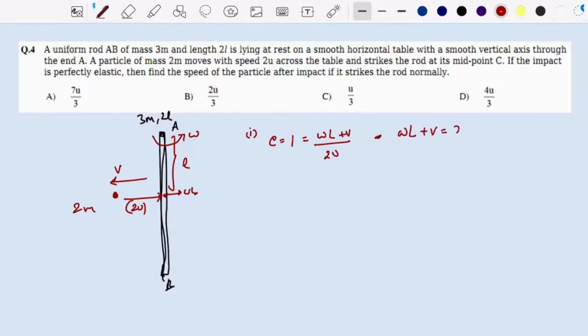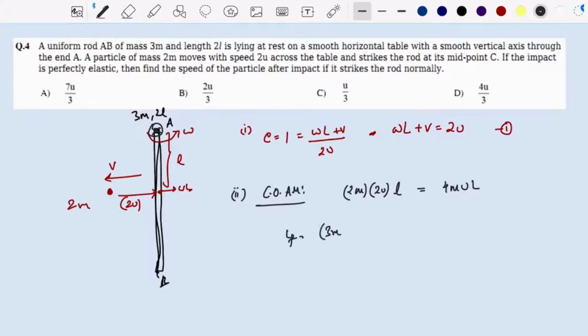Now for the second equation I will use conservation of angular momentum, because we can't conserve momentum, we can only conserve angular momentum about the hinge. Initial angular momentum is 2m into 2u into length, which is 4 mul. And final angular momentum will be I omega of the rod, which is m(2l) whole square by 3 times omega, minus 2m into v into l.